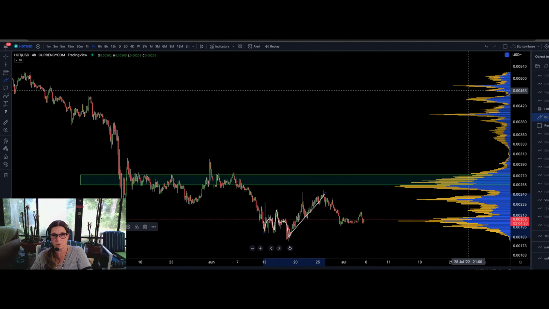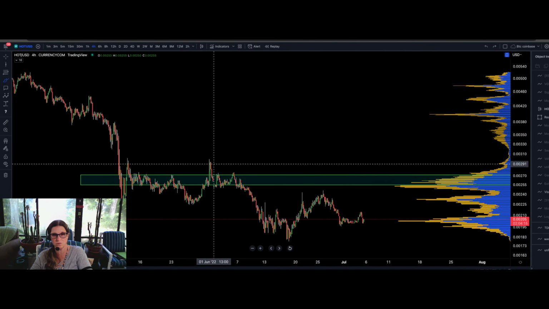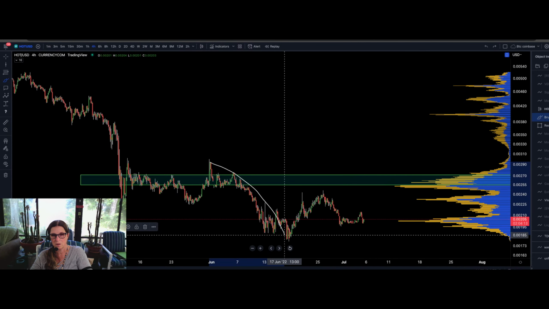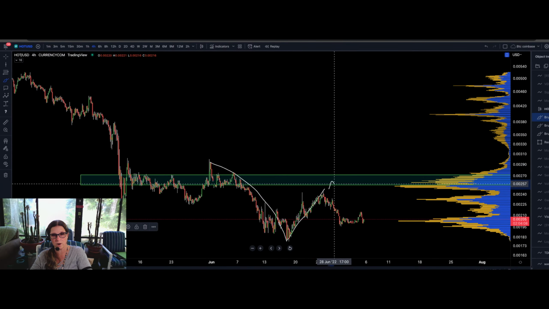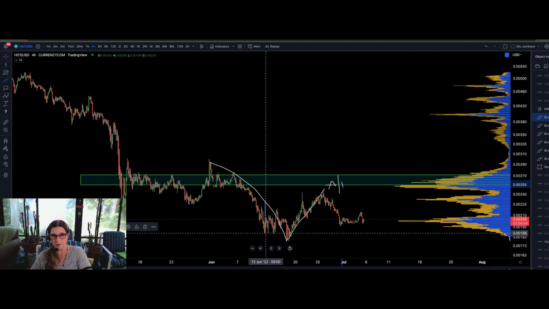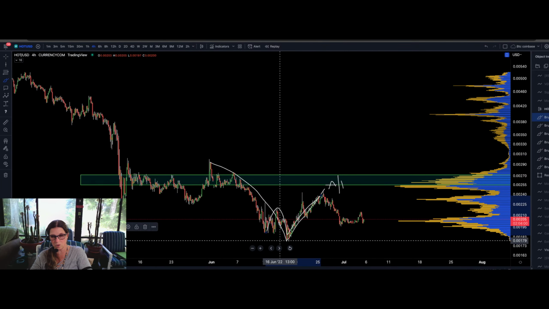Now, could I be wrong? I could be, guys. I could be wrong, and this entire move is 1. There's a chance this is an A or a 1. But the way it looks to me, it really looks like 3. If I'm wrong, then it's obvious we don't want to break this low.